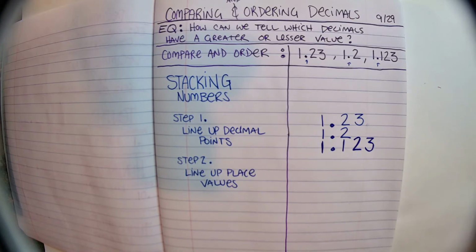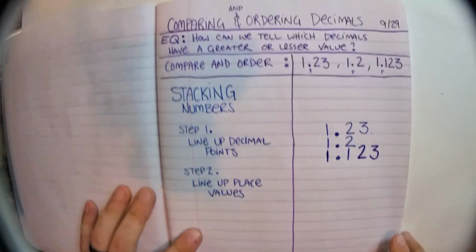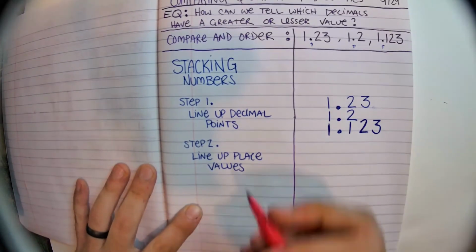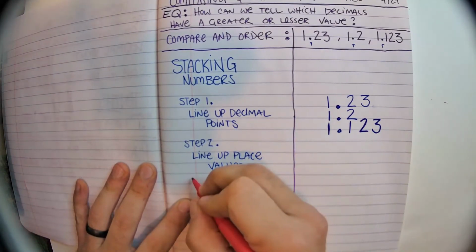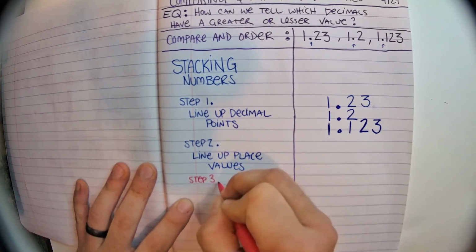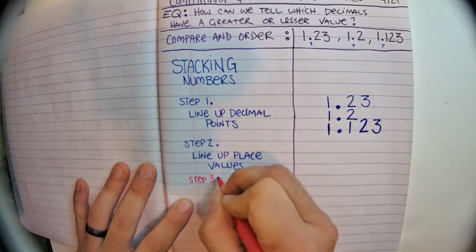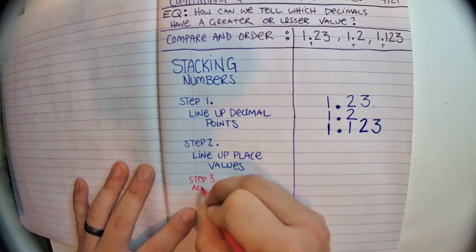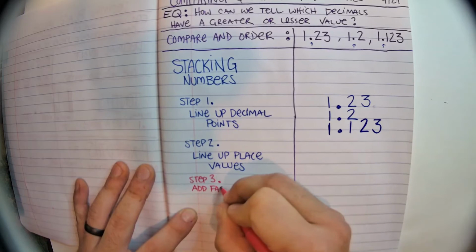All right. But now that I've stacked them, they don't all look the same. They don't all have the same number of digits. So there's something that I can do to change that. All right. So that's going to be step 3. I'm putting this one in a different color just so we can kind of pay attention. All right. This is what I call add faces to save places.